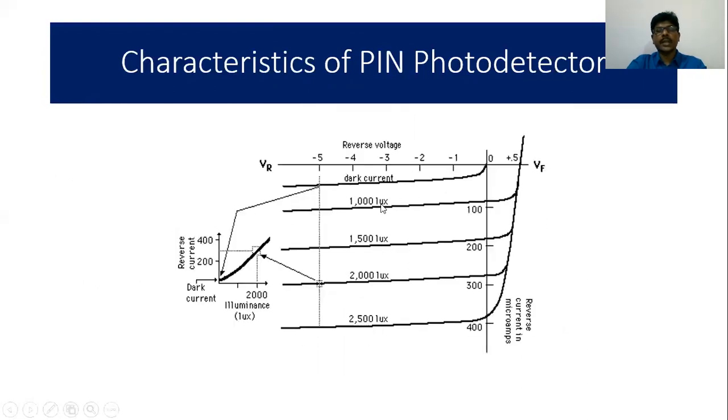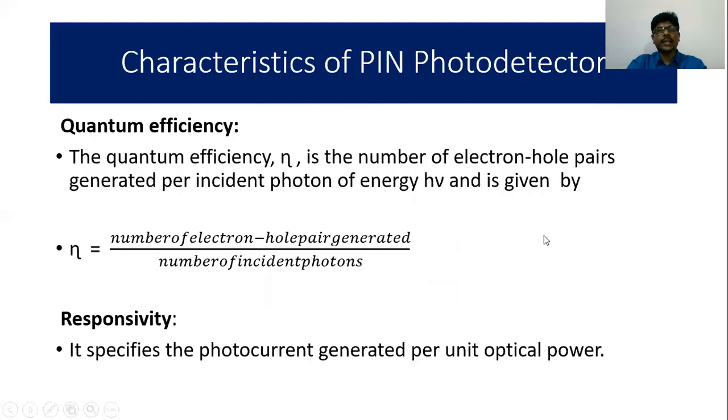As you would see in this diagram, along the x-axis you have voltage and along the y-axis you have current. For zero luminescence, we have only dark currents. Whereas as the luminescence increases from 1000 to 1500 to 2000 to 2500, you see that the current also starts increasing. This is the VI characteristics of a PIN detector.